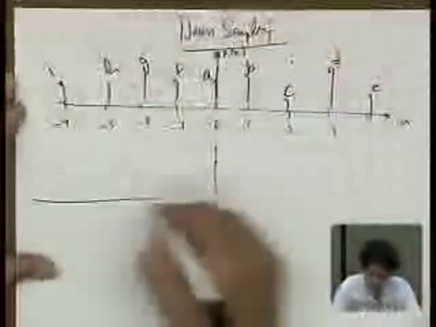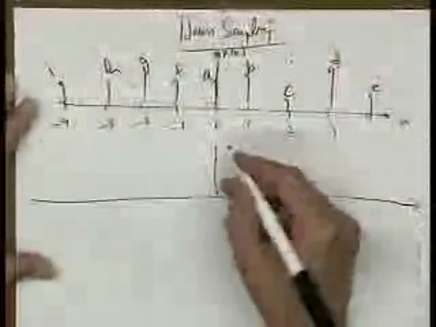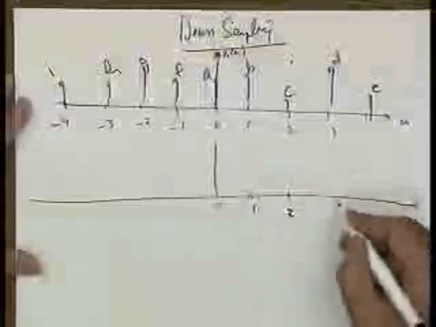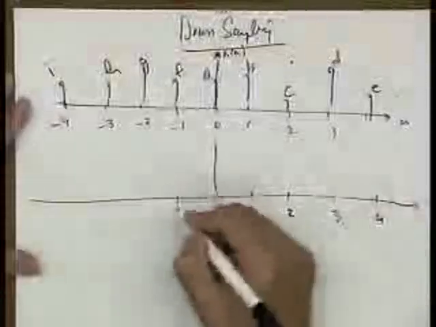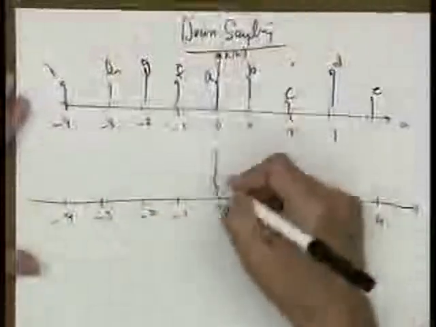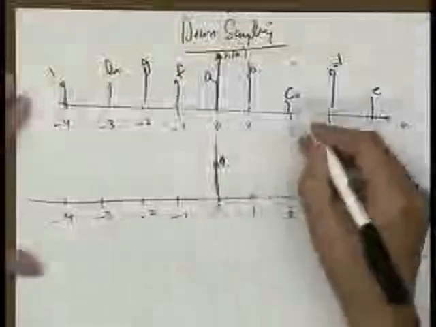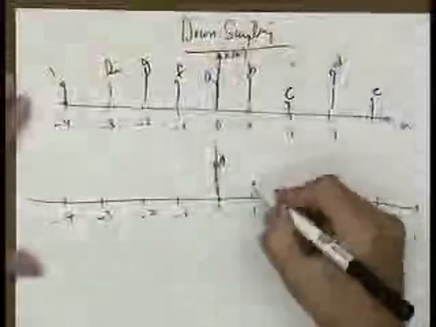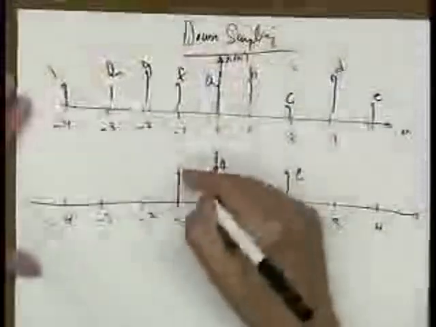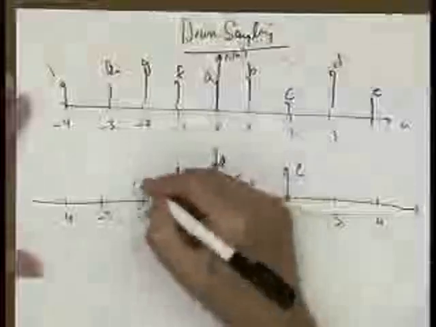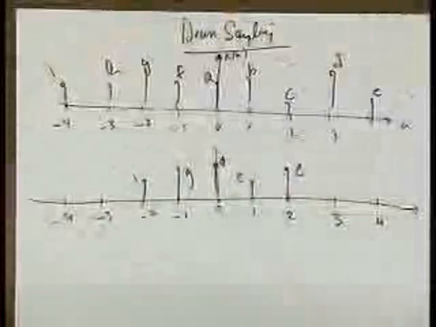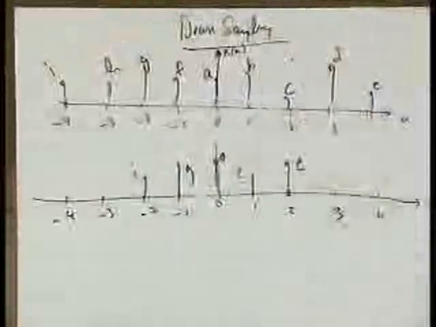And when I downsample it, what I mean by downsampling is I get a discrete time signal here, and it keeps the value A, but you throw away B and you keep C, throw away D and keep E, throw away F and you keep G, throw away H and you keep I. So downsampling means you get rid of, in this case, half the samples.